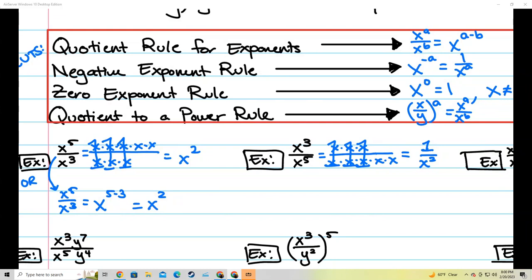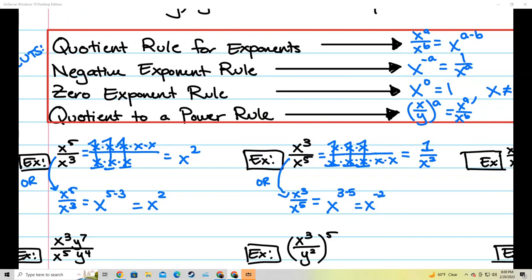Okay. So I know that's what the answer is supposed to be, but how is this going to work using the shortcut? I'm going to write that problem again. The shortcut says that all I have to do, because they have the same base and because I'm dividing them, is subtract those exponents. Remember, it's the top one minus the bottom one. So this is going to be x to the 3 minus 5, which is x to the negative 2. Now remember what I said earlier, we do not like negative exponents.